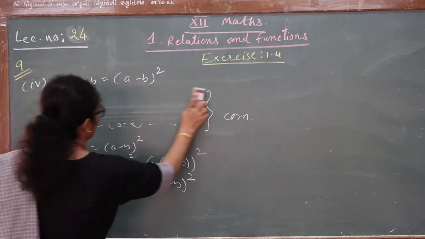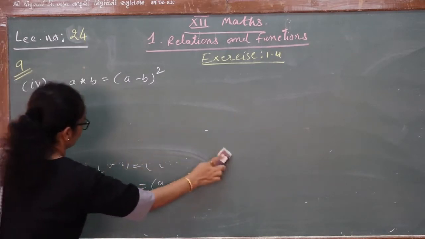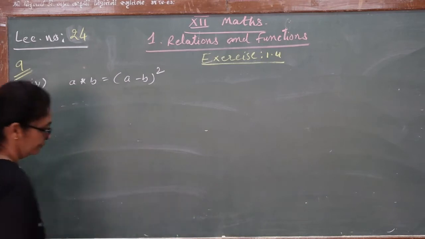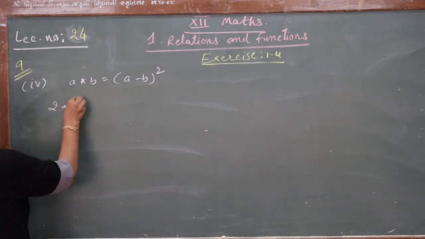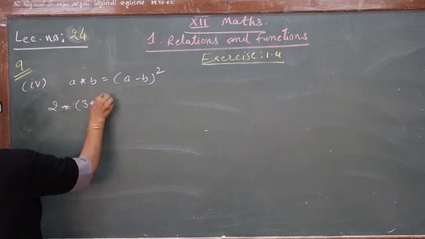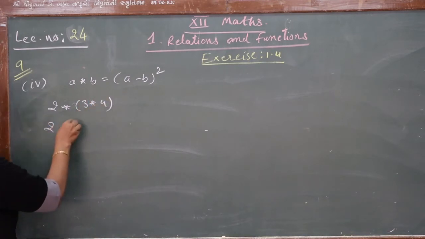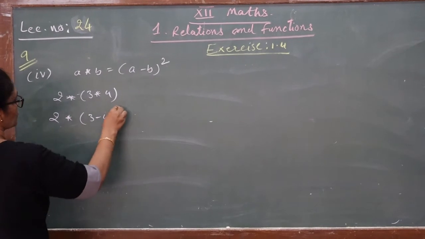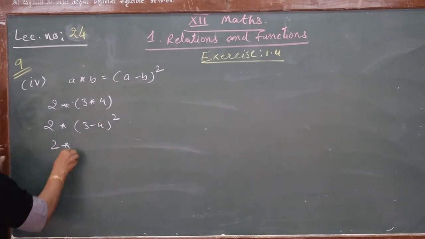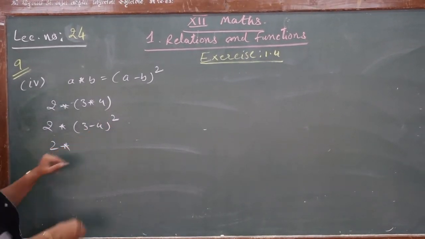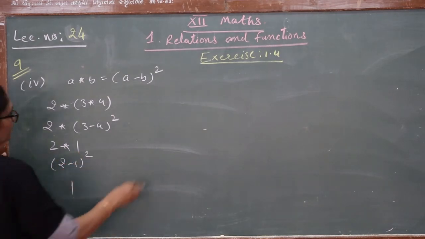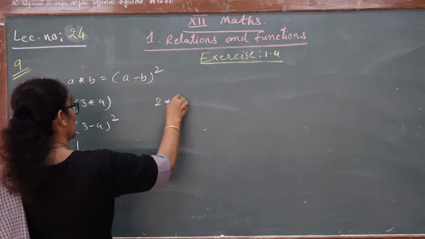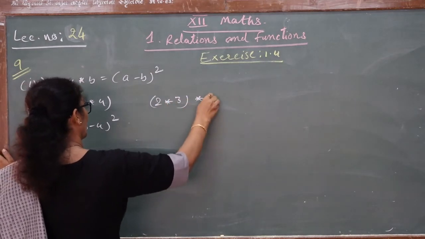Let's start with associative, the same question. For associative, we are taking 2, 3 and 4. So first 2 as it is, 3 minus 4 square. So 2 and 3 minus 4 is minus 1, square is plus 1. And 2 minus 1 square is 1. Similarly, here we can take 2, 3 and then 4.